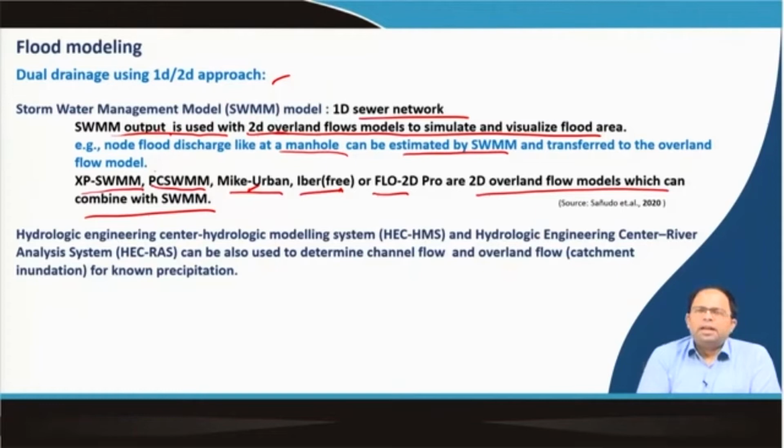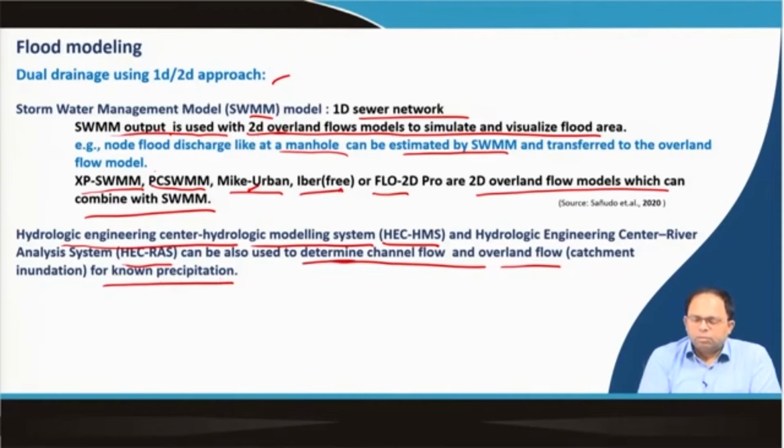So, the alternative to all this is, instead of even using SWMM, we can use two other software: the Hydrologic Engineering Center Hydrologic Modeling System, made by the US Army, that is HEC-HMS, and the Hydrologic Engineering Center River Analysis System, that is HEC-RAS, which can be used to determine channel flows and overland flows, that is catchment inundation, for known precipitation events.